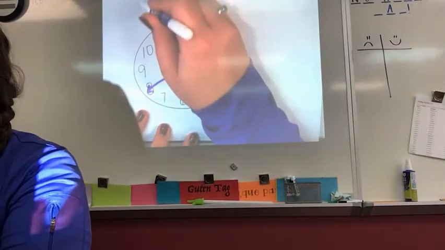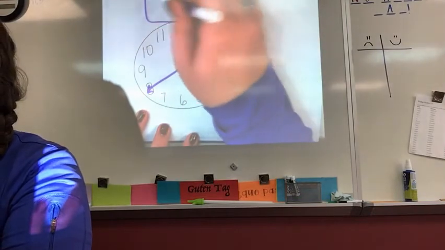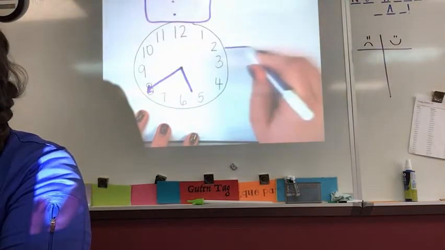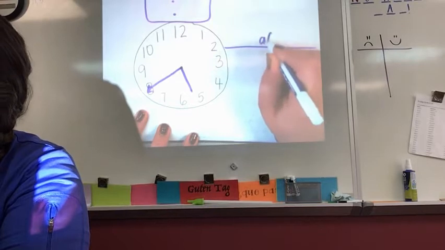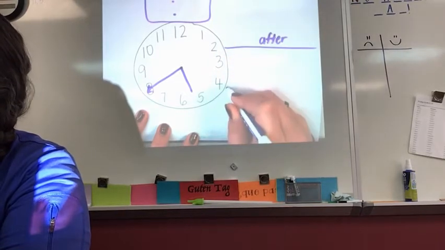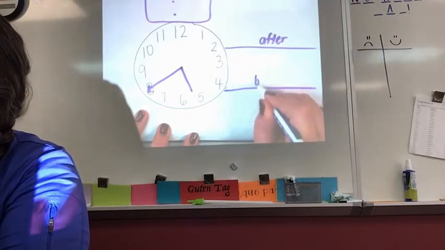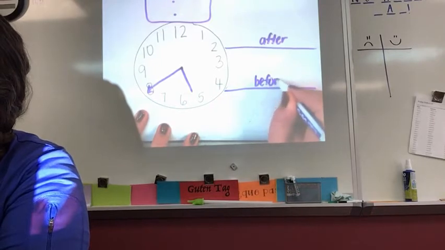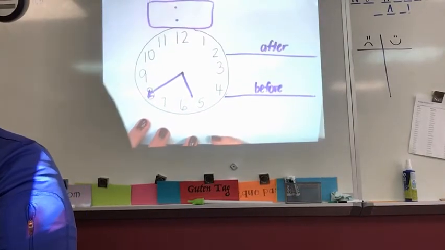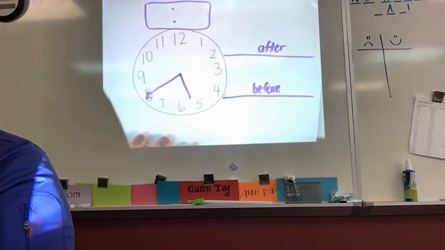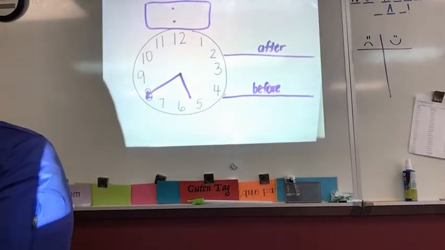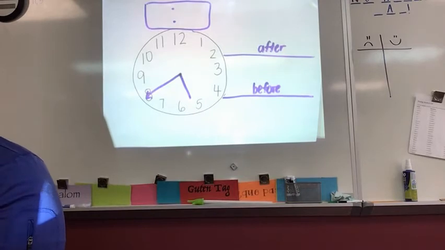I would like you to label what that digital time is and then tell me how many minutes after the hour it is and how many minutes before the upcoming hour. So pause your screen for your work time on this one, and then when you are ready for the answer, go ahead and press play.